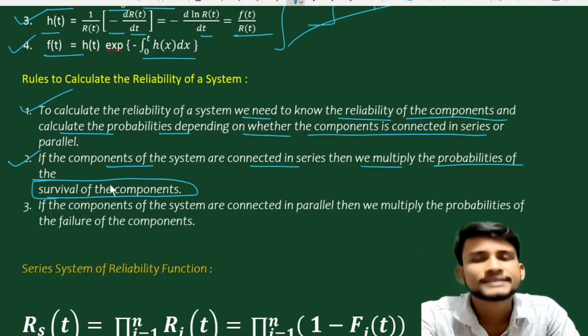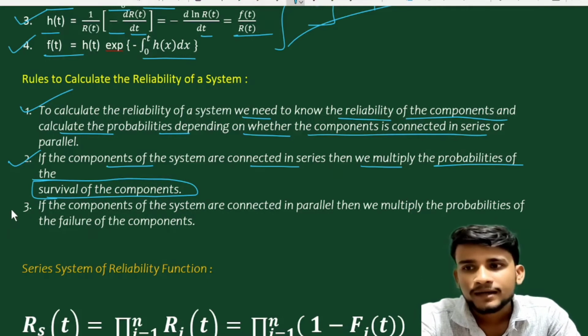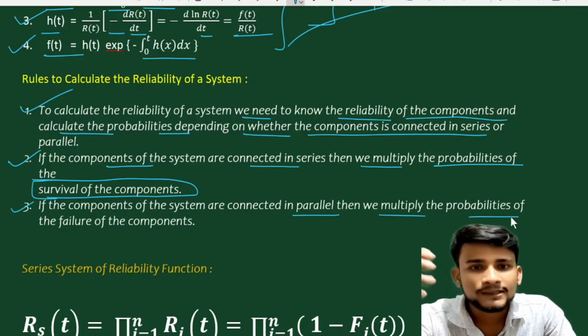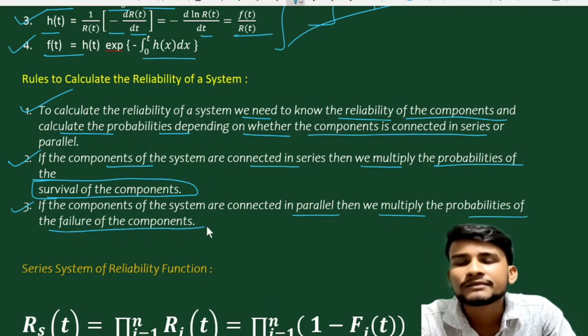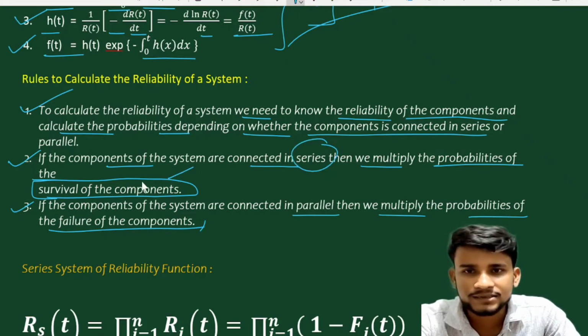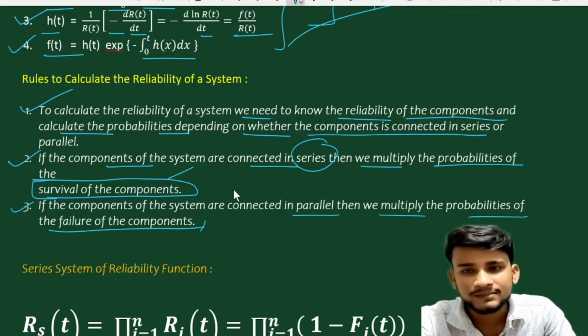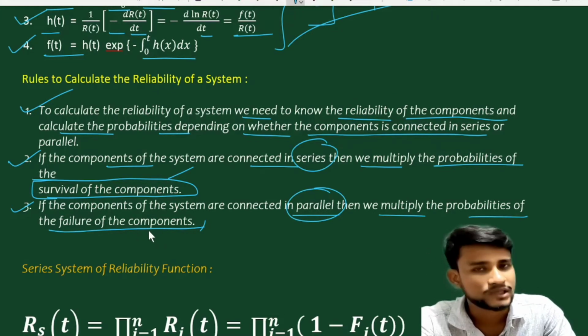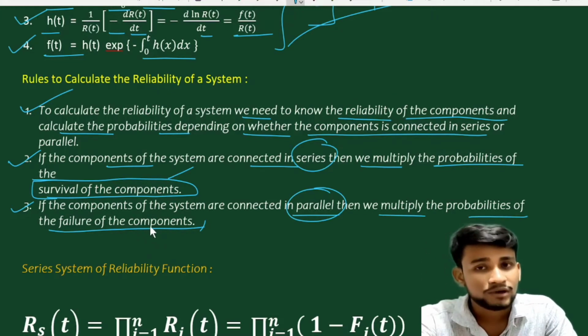Number 3, if the components of the system are connected in parallel, then we multiply the probabilities of the failure of the components. So in the case of series, we multiply the probabilities of survival of the components, and in the case of parallel, we calculate the failure of the components. These are the important things you have to remember.